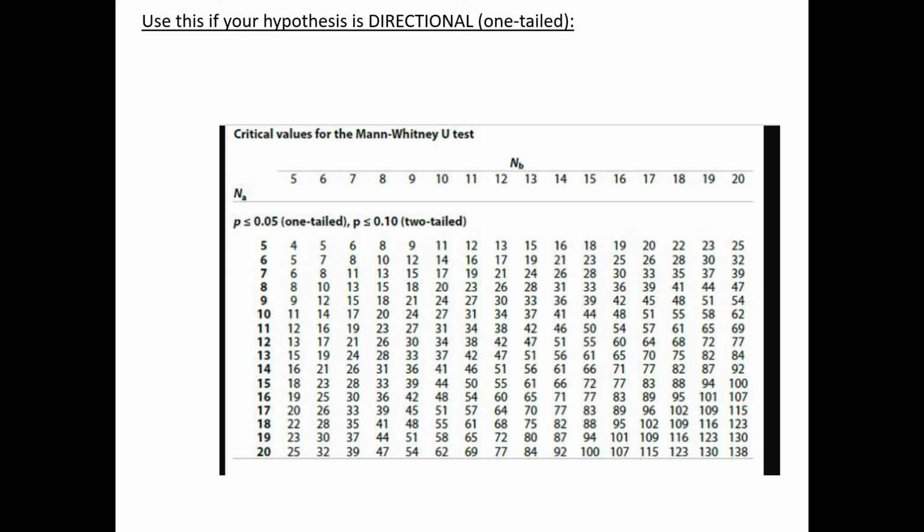Have you used a directional one-tailed hypothesis? If you can answer yes to both of those questions, carry on. If you answer no to both of those or one of those questions, something's gone wrong, you need to go back and check again. I'm going to assume that we're all on the right page here. You're with me and let's keep going.